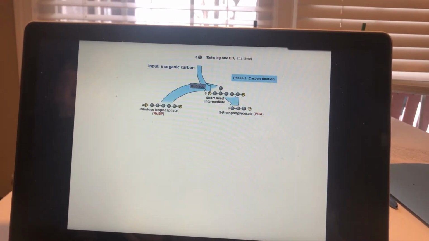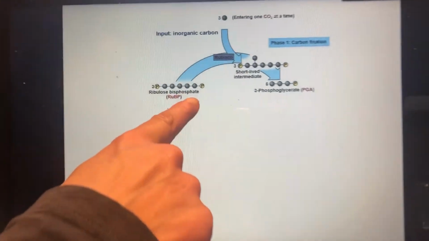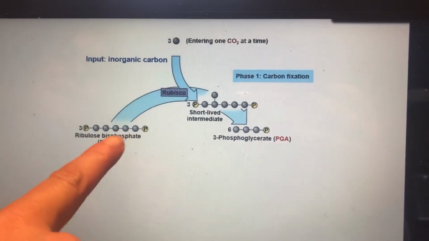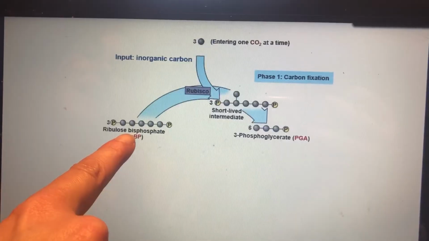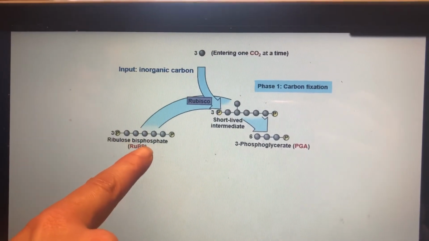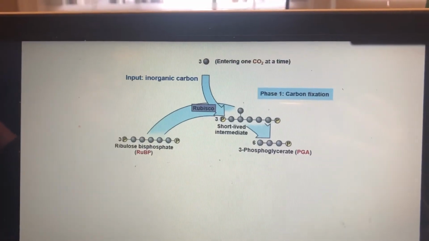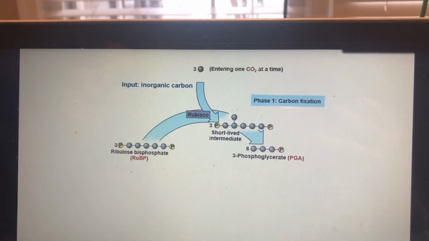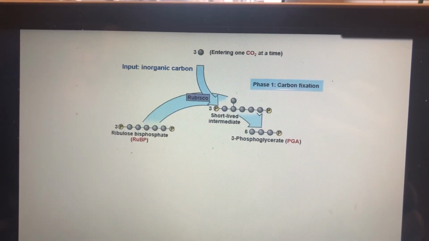So first, we're going to start with 3 molecules of ribulose bisphosphate. So we have a phosphate group on either end. That's why it is ribulose bisphosphate. The prefix bi means 2. So there's 2 phosphates. Some textbooks will call it RUDP, ribulose diphosphate. Now, RUBP is combined with carbon dioxide.